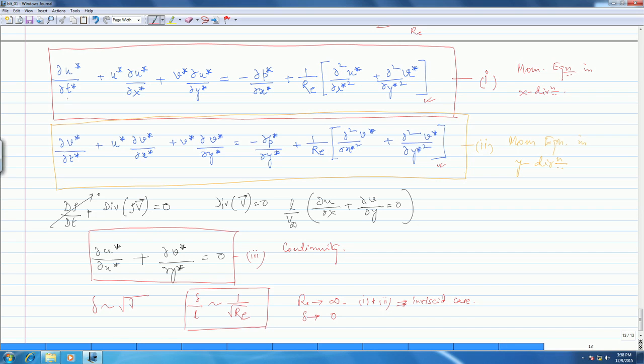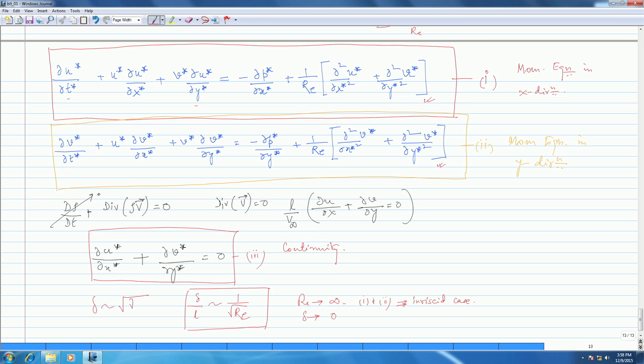For example, you have this instantaneous term here and this V star convective term here. Now these two values have to be comparable to really make any sense of this entire equation.